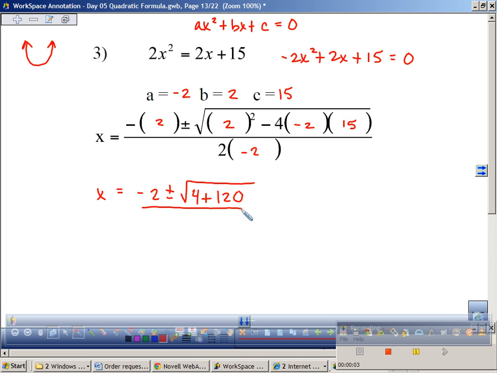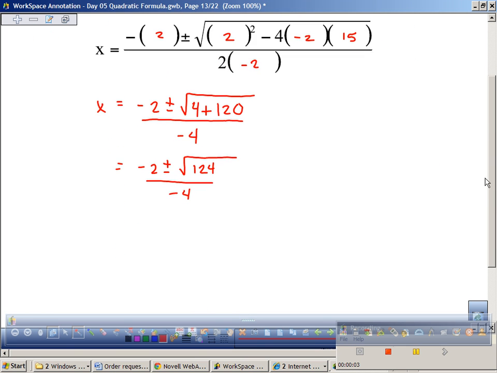All over -4. Continue. -2 plus or minus the square root of 124 all over negative 4. Continue.